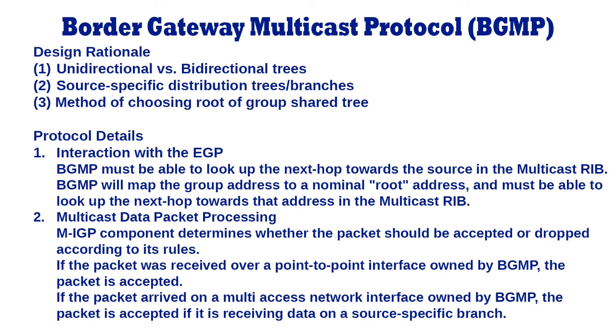If one is found but the packet was not received from the next hop target towards S or was not received from the next hop target towards G, then the packet is dropped and no further actions are taken. If no S,G entry was found, the router then checks for a matching star,G entry.